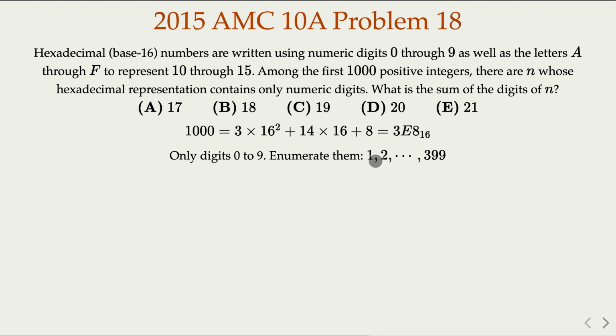There are 399 of them. This is in hex. So here n would equal 399. What is the sum of digits of n? You add it up, it's going to be 21. So the answer is E.